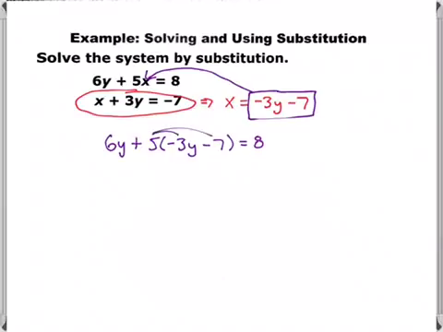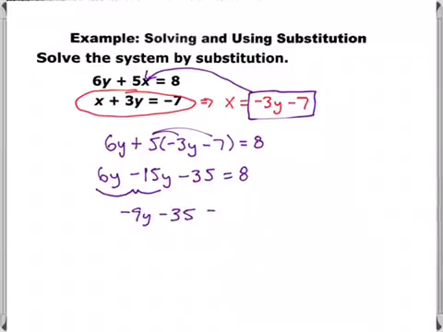So we'll distribute the 5. That's negative 15y minus 35. Don't forget about the 6y out in front. Combine like terms, we've got negative 9y minus 35 equals 8.